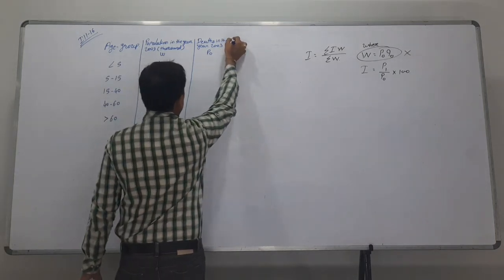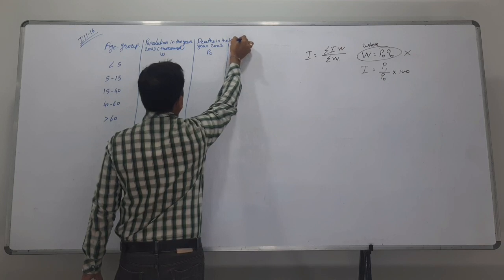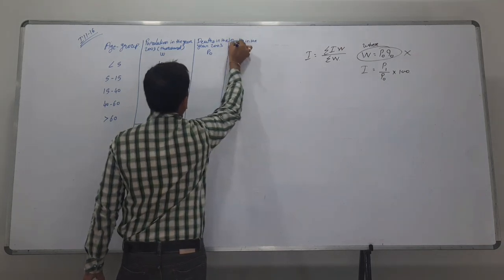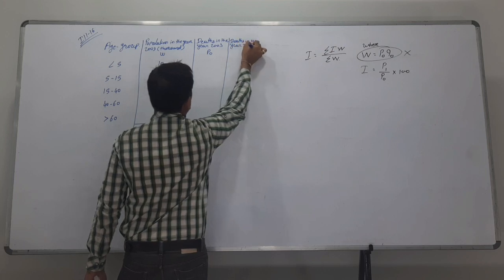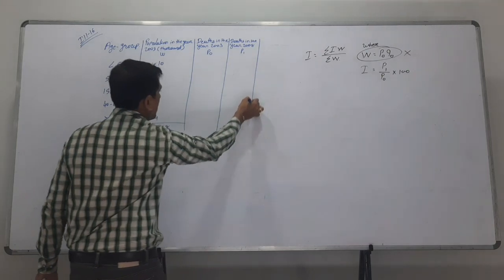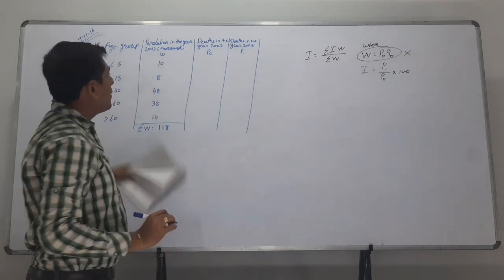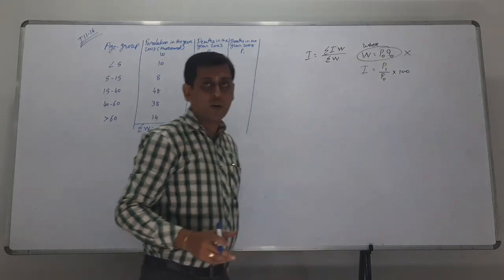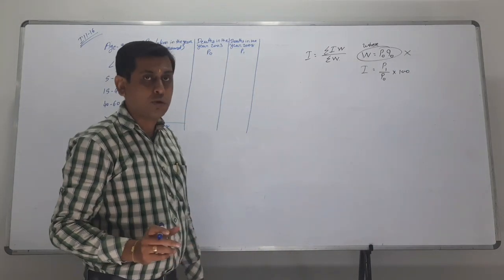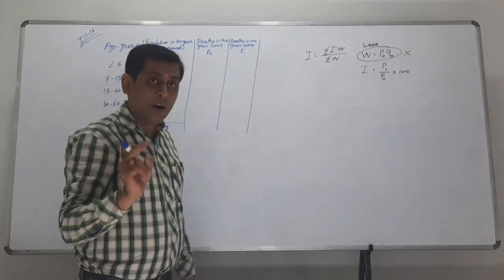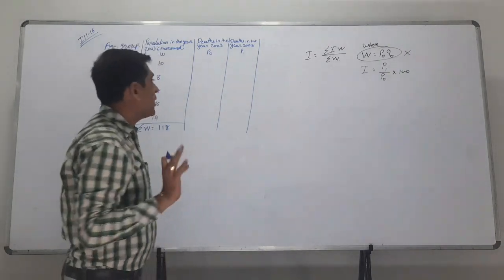Now 2008, that is your P1. Here W is already given, so we don't have to find W by multiplying P0 Q0, because Q0 is not given and W is already given, so we are writing W.